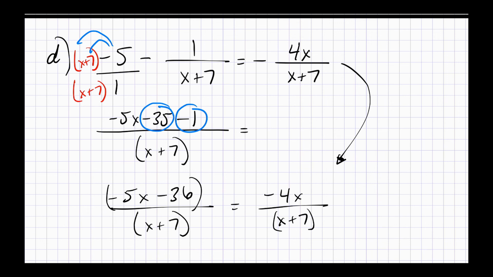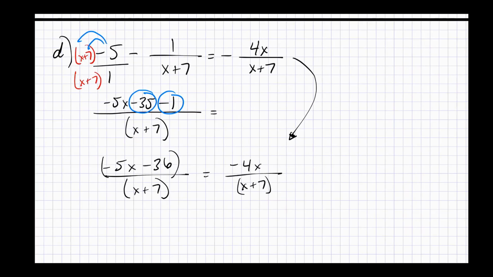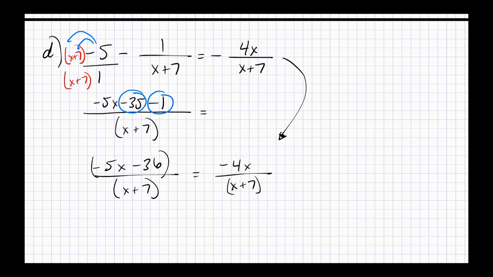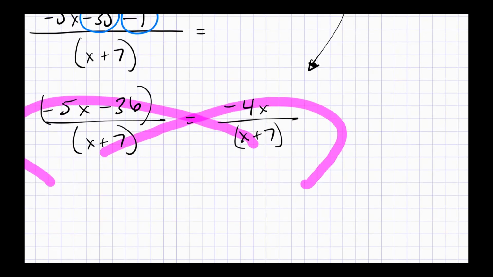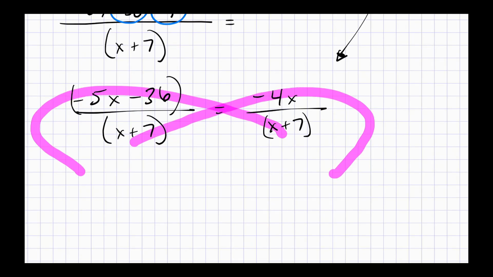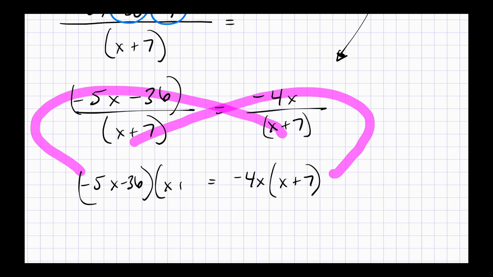All right. So I did the first step, step one. I haven't done cross multiplication yet, so I'm going to do cross multiplication next. I got a common denominator of x plus 7. So when I do cross multiplication, I get one side is negative 4x times x plus 7, and the other side is negative 5x minus 36 times x plus 7.